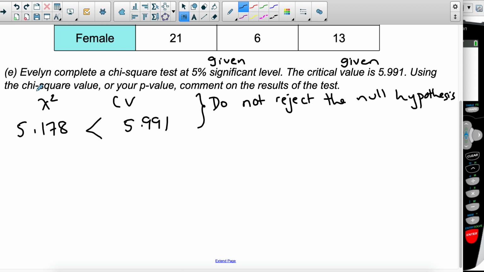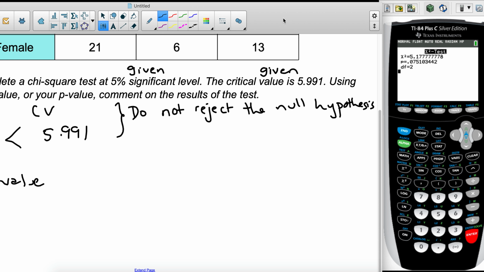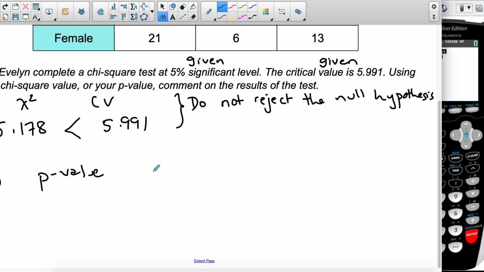Now, if you're not given the critical value, you will have to use the p-value for comparison. You can also use the p-value to actually double check your answer. So the p-value is found from your calculator, and it's 0.0751.